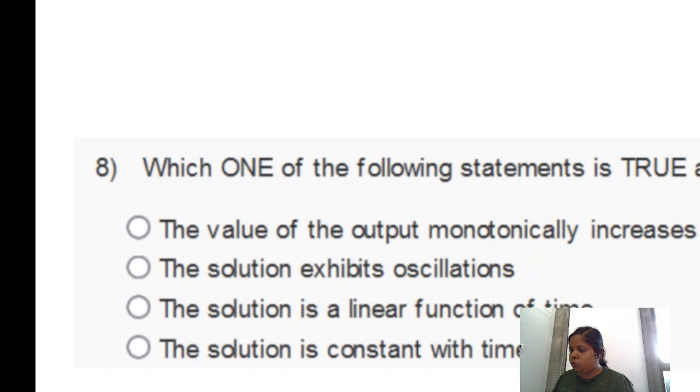You start from t equal to 0, you reach t equal to infinity. What happens in between? Can someone tell me if this y(t) is my solution to the problem, the output? Yeah, ma'am, monotonically. Yeah, it monotonically increases. And please check the other options as well if you think it could be the answer.